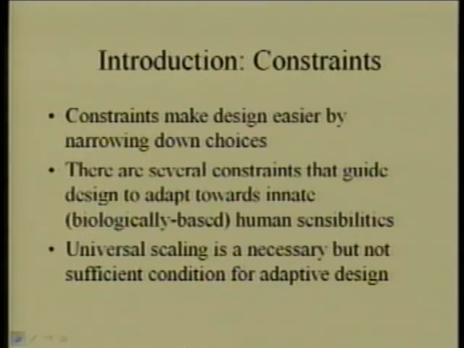So to introduce the topic is a way of resuming what I did last time. Constraints, we want to have constraints to make design easier by narrowing down choices. There are several constraints that guide design to adapt towards innate human sensibilities.